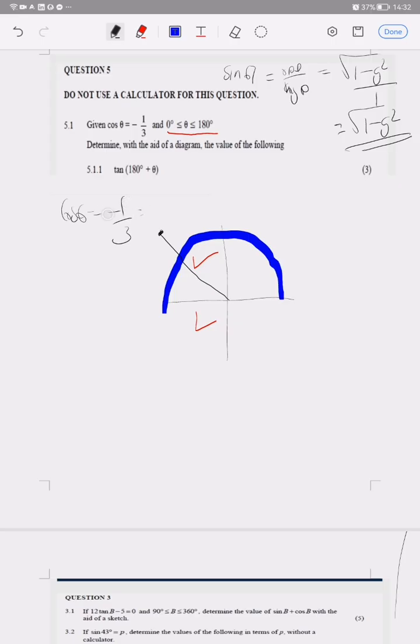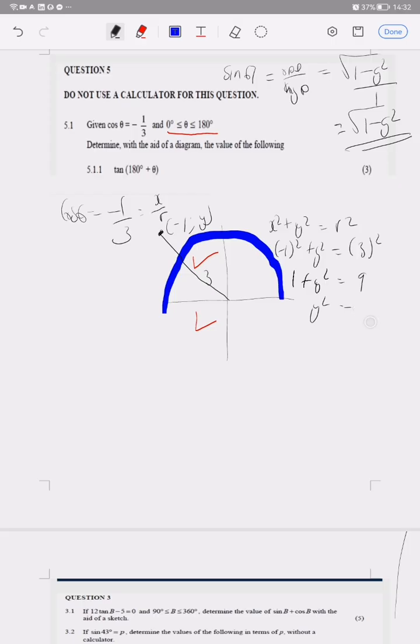I know cos is just x over r. So here I have a negative 1, and my r is just 3, right? So I'm left with y. We say x squared plus y squared is equal to r squared, which is negative 1 squared plus y squared is equal to 3 squared, which is 1 plus y squared is equal to 9.